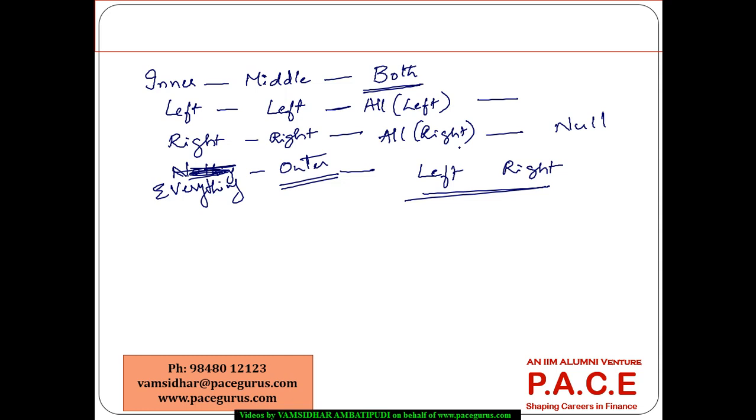Wherever it is mandatory that a particular join field should be present in both, then we talk about an inner join. But where it is present in one and need not be in the other, then we can use a left join or a right join. Where it need not be present in either of them, then we can use a full outer join.